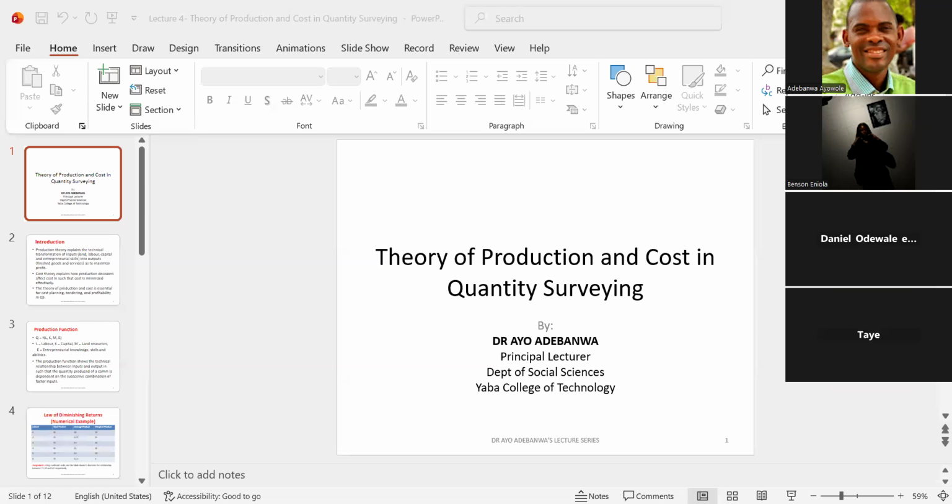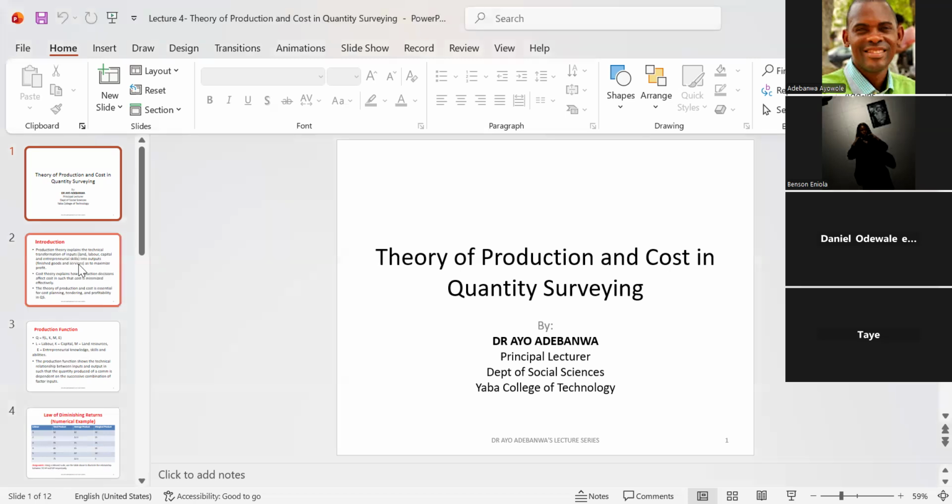So we want to look at the theory of production and cost in quantity surveying, and it will be very loaded, so we need to listen with rapt attention and try as much as possible to take down some notes so that when it is time for questions, we can all flow with it.